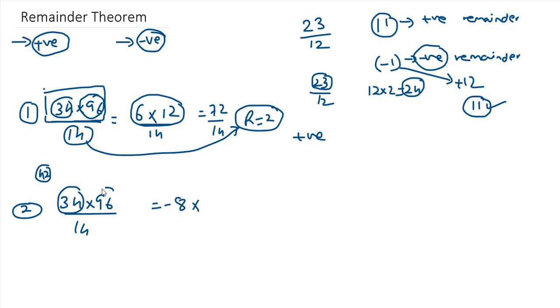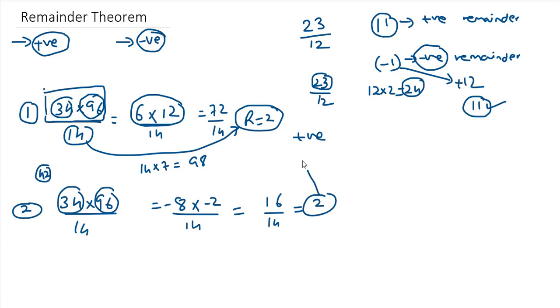Likewise, in case of 96, 14 into 7, as we know, will be 98. So the negative remainder will be minus 2. So we'll have to take the product of these two and find the remainder when it is divided by 14, which will be, this minus and minus will become plus, 8 into 2 will become 16. 16 when divided by 14 will give us a remainder of 2, which is the same answer that we are getting.